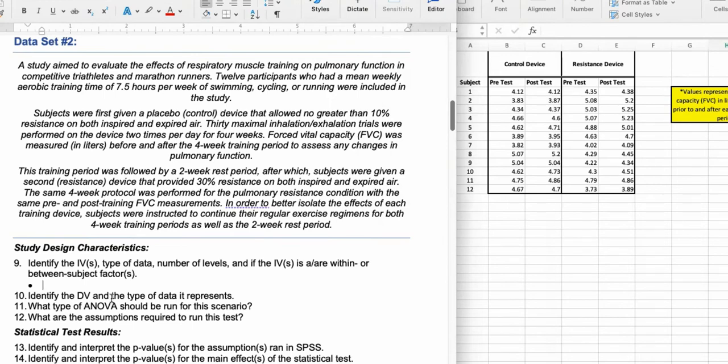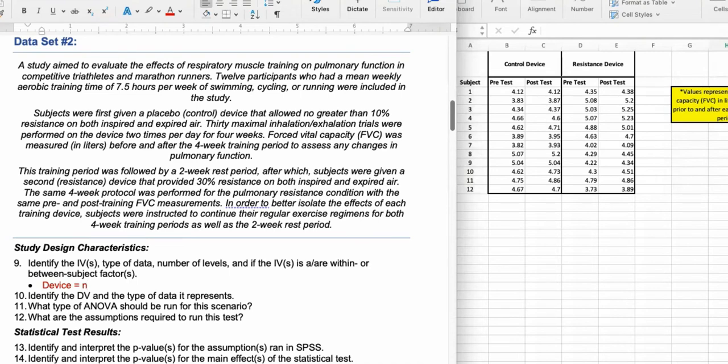I think Juan said type of training. I'm going to put the device that was used because it's either the placebo device or the resistance. So that's the wording I'm going to use. Type of training would also be acceptable. But device is what I used in the output, so that'll make more sense referencing stuff.